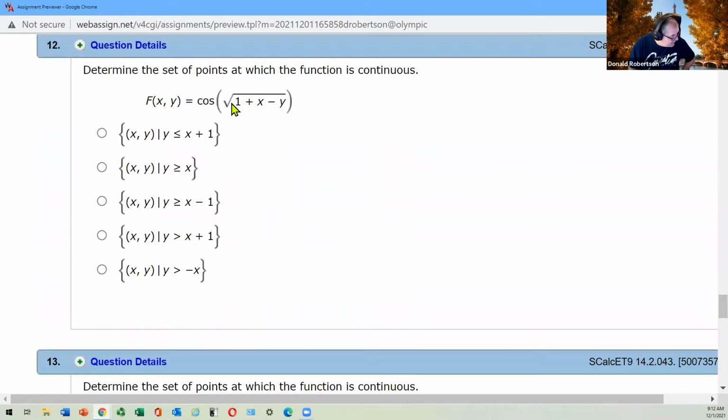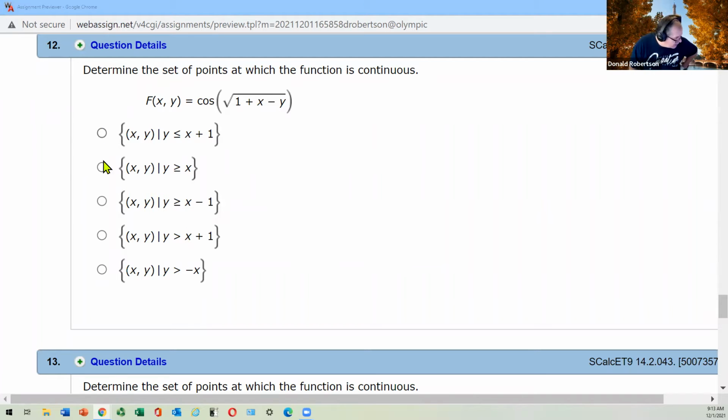Now, this guy here has a problem because of the square root. And would you agree that this is only going to work as a real number when the thing inside the square root is greater than or equal to 0? Agreed? So I want 1 plus x minus y to be greater than or equal to 0.